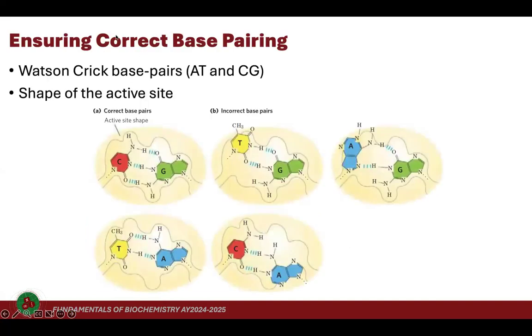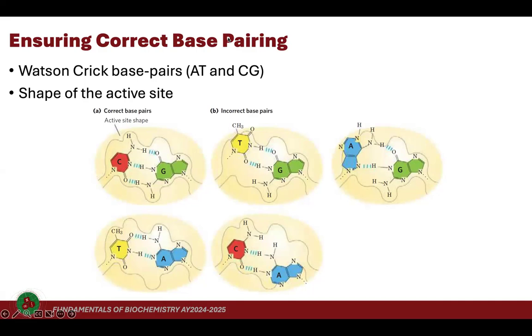Okay, so how is the base pairing ensured? You know that A will always pair with T and vice versa, and G will always pair with C. Of course, we are already familiar with the fact that this pairing has the optimum number of hydrogen bonds.